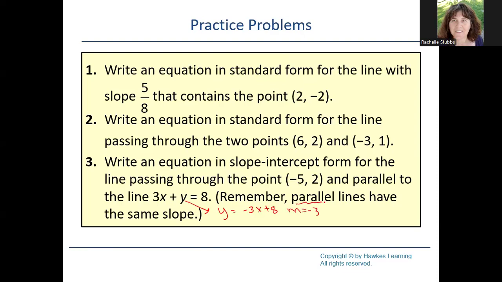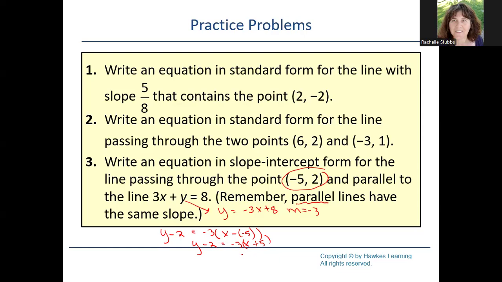And since the lines are parallel, they have the same slope. So I'm going to write a line that goes through this point here and has a slope of a negative 3. So y minus 2 is equal to a negative 3 times x minus a negative 5. I'm using the points right here. And that's really y minus 2 equals a negative 3 times x plus 5.